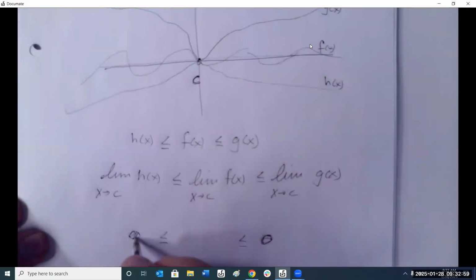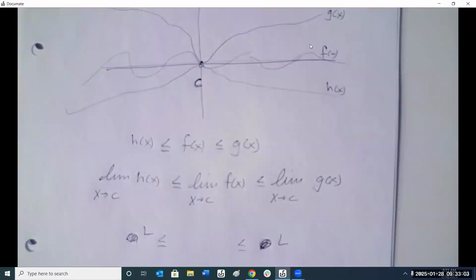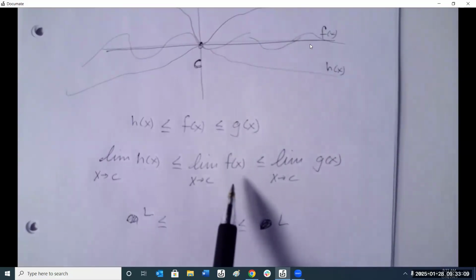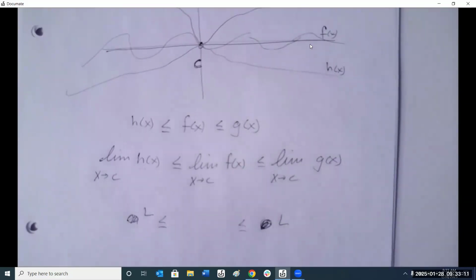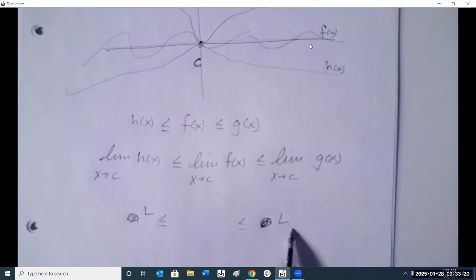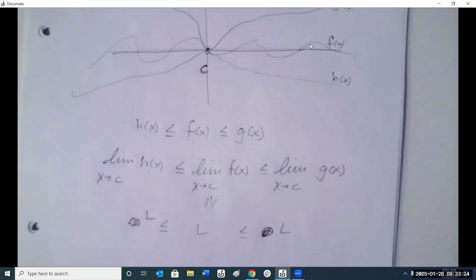They equal some limit L. Since h of x and g of x have the same limit and f of x is between them, what do you think the limit of f of x is? It has to be greater than or equal to L, but it also has to be less than or equal to L. So that means this one has to be L. That's how the sandwich theorem works.